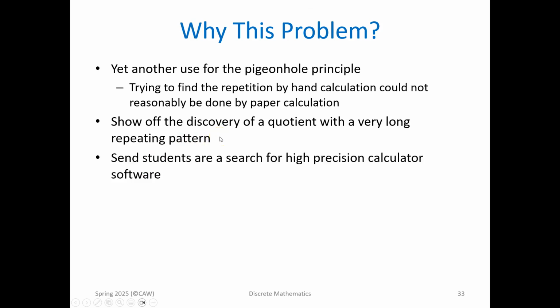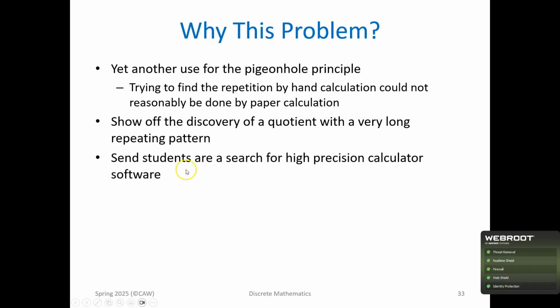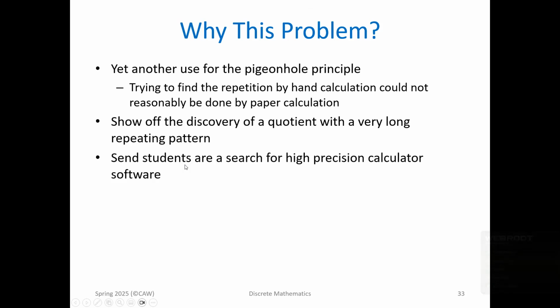This one indeed had that long repeating pattern, and so they do exist. And it sent me, and I presume you as a student will be looking for a high precision calculator software to help you out. We're at a point in mathematics where we aren't going to do things on paper for larger problems, and we're trusting the machines to give us the correct answer.